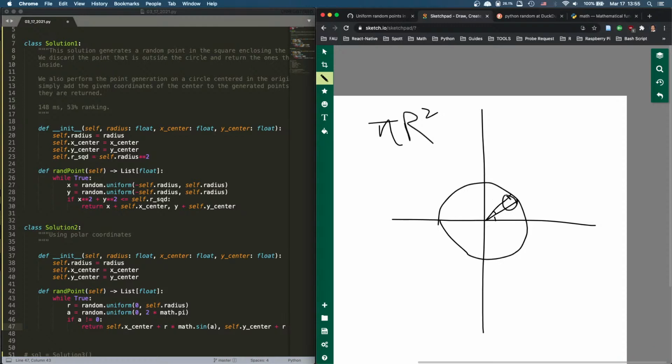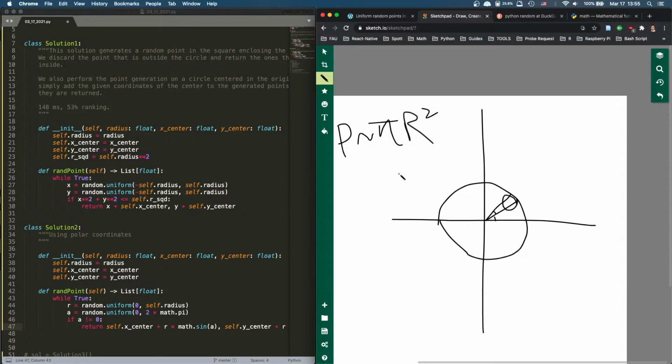This has to be a random point, which means it has to hit every point in the area, right? So which means our probability shall be proportional to pi r squared.